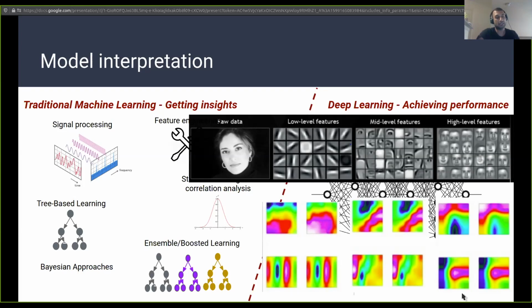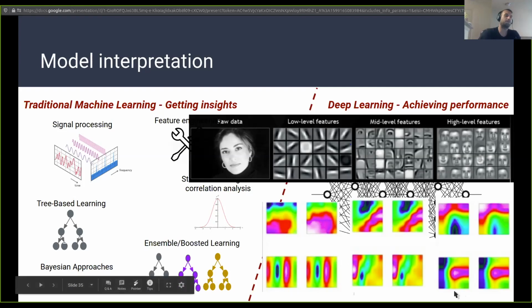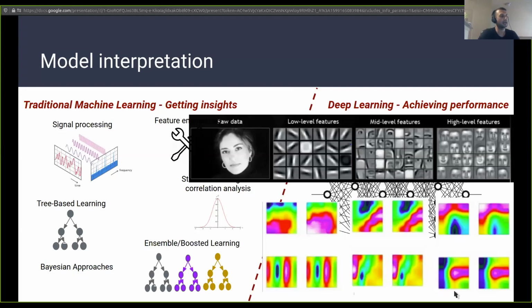But as you can see, the representations learned are really not intuitive at all. So we really need to have a balance between how we use methods that have traditionally proven to be valuable towards understanding the domain we're working on, and how important performance is to us.